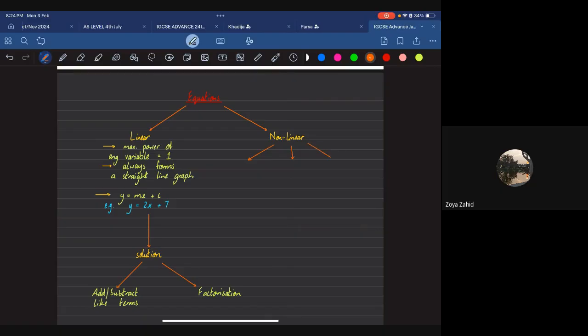But obviously, there could be questions which involve any equation which is not linear and also not quadratic or cubic, and that will be included too. So the first one is what Zoya told us, quadratic. So you've got your quadratic equations.